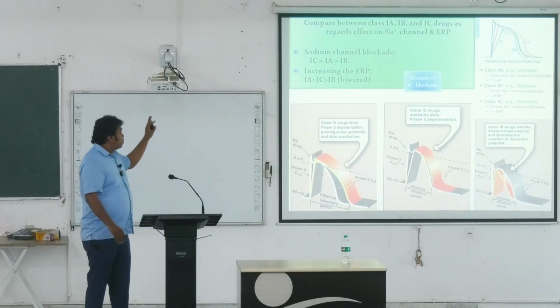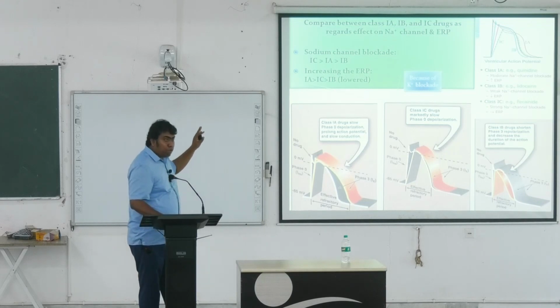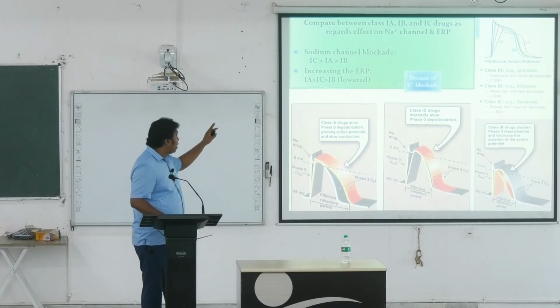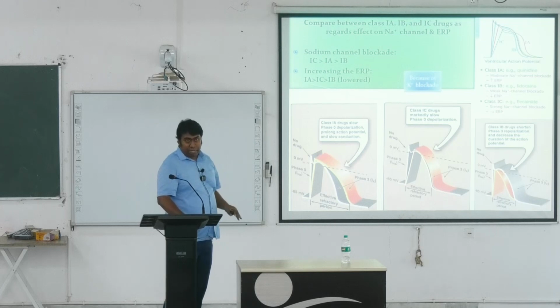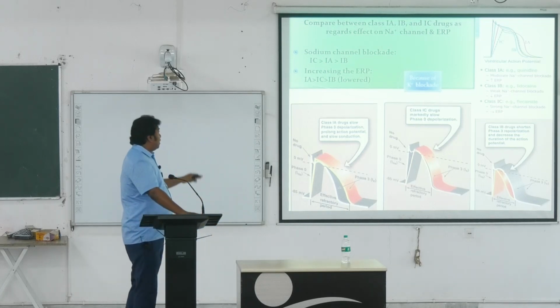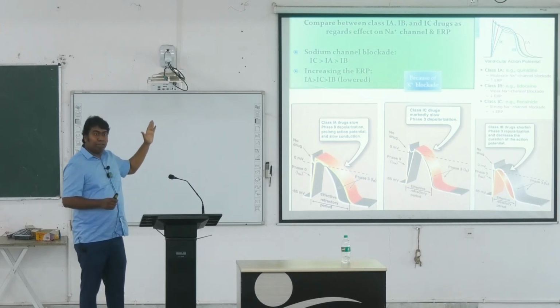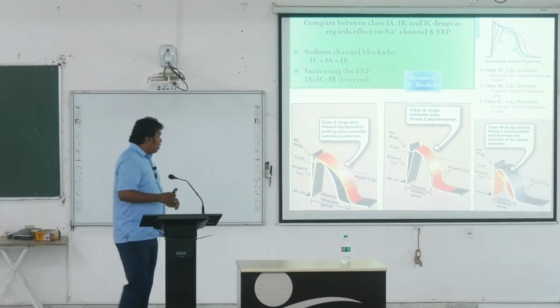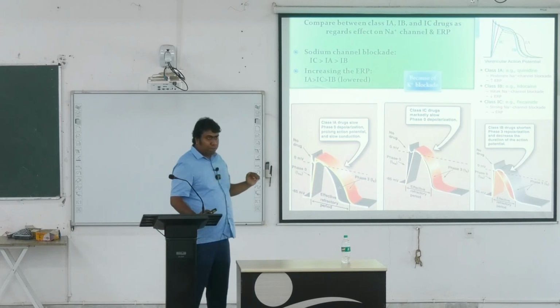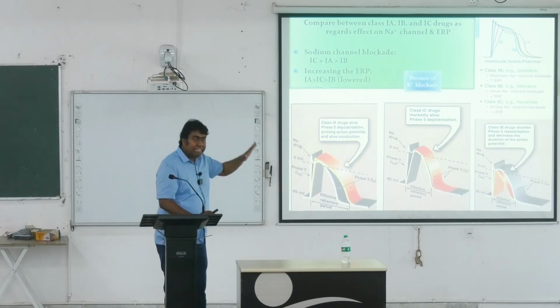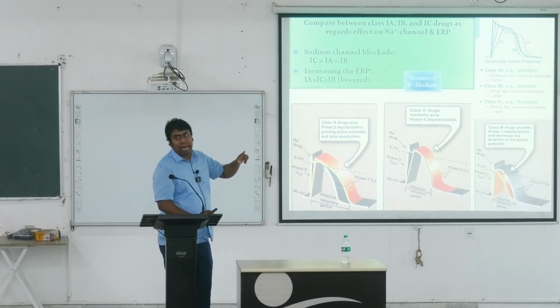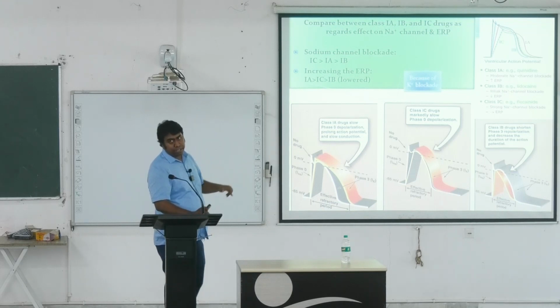For MCQs, sodium channel blockage most in the 1C followed by 1A, then followed by 1B. In case of increased EPR, it is 1A followed by 1B, 1C followed by 1B. So in both cases 1B is the least one. Sodium channel are effective refractory period.